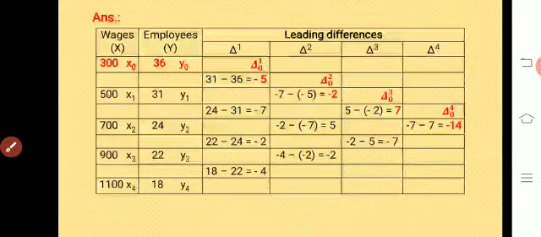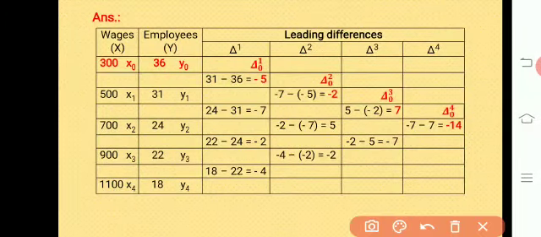Now let's see the solution. Here in the solution, wages are denoted by x and employees are denoted by y. Then further x values are denoted like this: x0, x1, x2, x3, x4, and y values, that is number of employees, are denoted by y0, y1, y2, y3, y4.